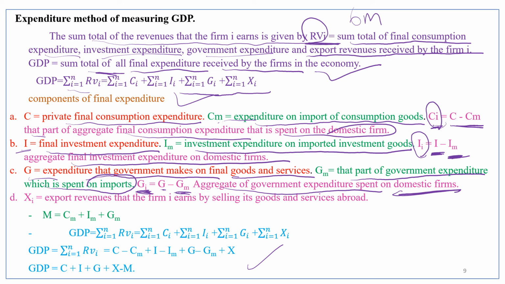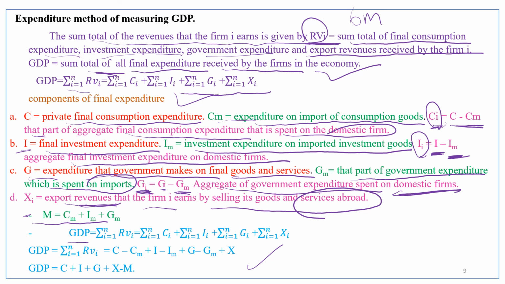Then exports, Xi stands for export revenues that firm i earns by selling its goods and services abroad. Then here you can see, dear students, M equals Cm plus Im plus Gm, which we brought outside the equation, and it is denoted by minus M.